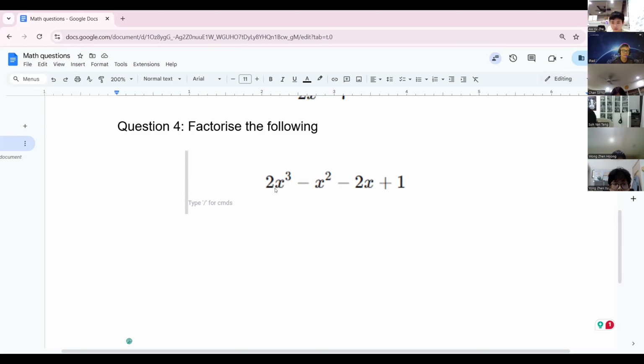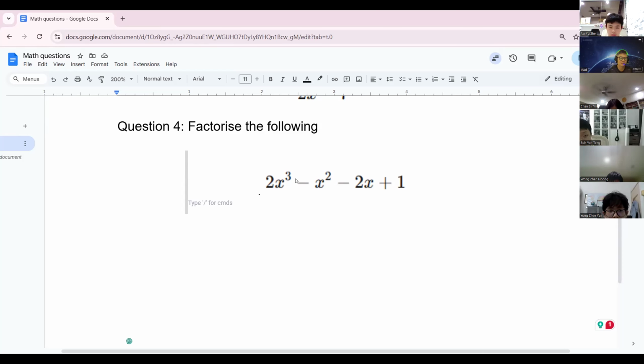Okay. So the first step that we can do is to group the terms. So we can make it into 2x cubed minus x squared minus 2x plus 1. And then we can factor out this first.